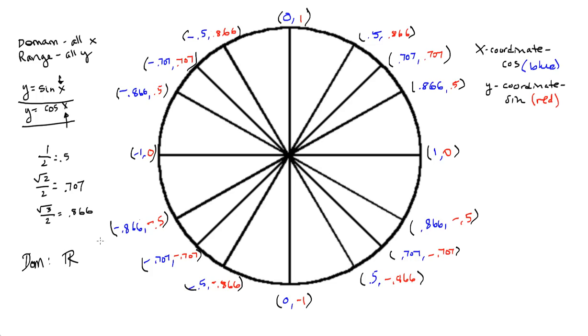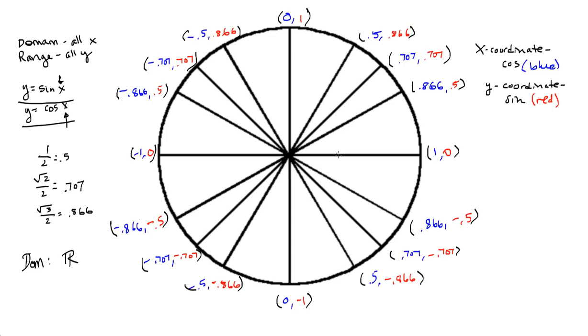Now let's look at the range. The range is what values of sine and cosine can we have? Let's take a look at the blue numbers first. That's cosine. Notice we start with 1, we go down, 0.866, 0.707, 0.5 to 0. Then I go down even farther, negative 0.5, negative 0.707, negative 0.866 to negative 1.